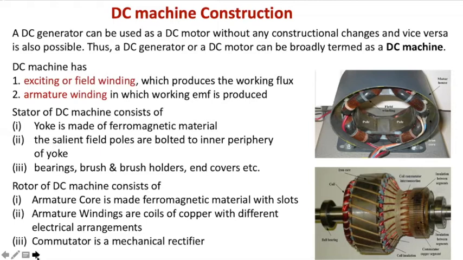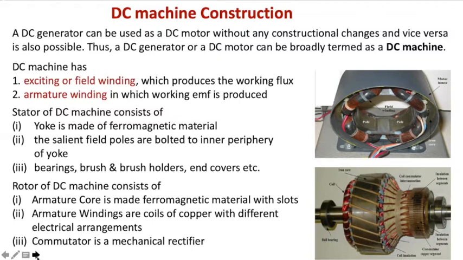The rotor of the DC machine consists of the armature core. It is made up of ferromagnetic material with slots, and it's laminated also. The armature windings are coils of copper with different electrical arrangements, that is series connection or parallel connection. And the commutator is a mechanical rectifier.